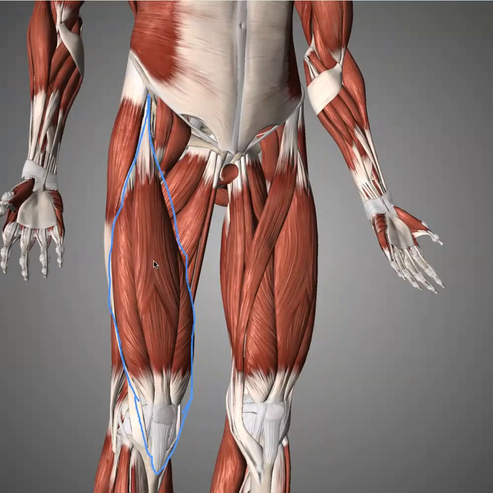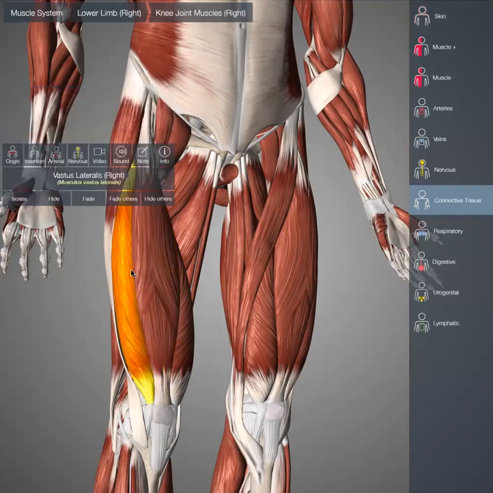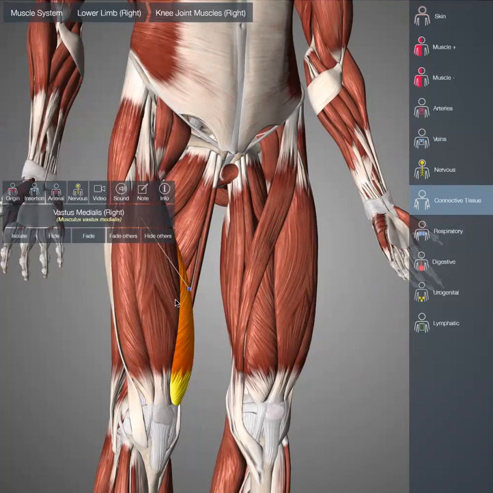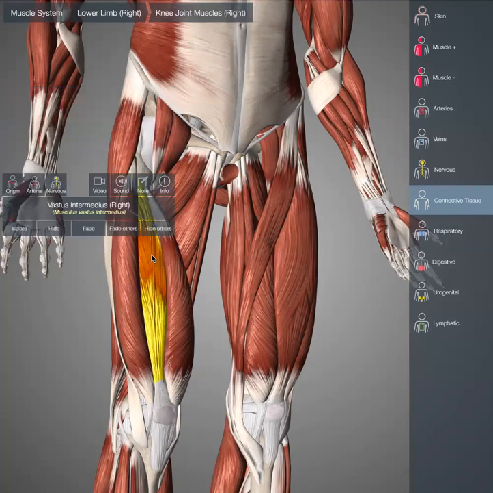You have, first of all, the rectus femoris, vastus lateralis, vastus medialis, and vastus intermedius. Okay, so let's select them and dive into them slowly.